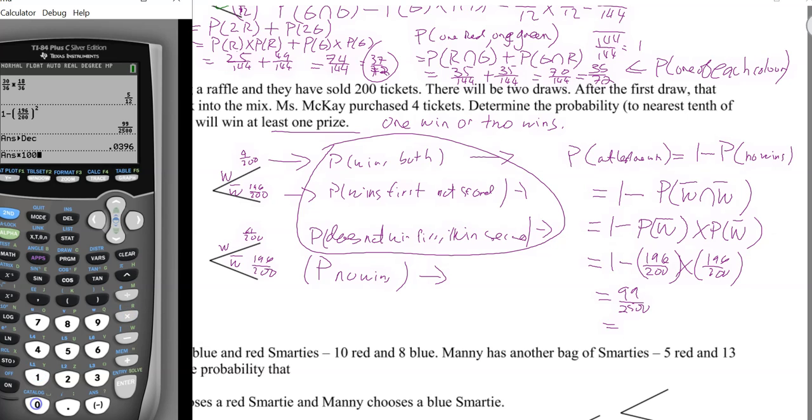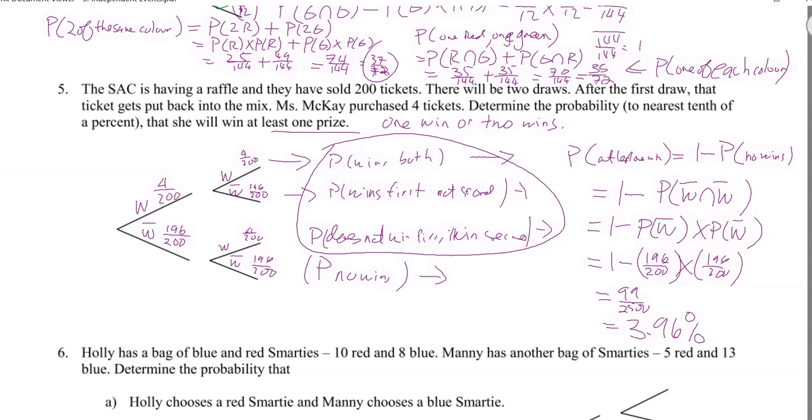Let's make that a percent: 3.96%. And what did they say? Nearest tenth of a percent. So 4.0%. She has a 4% chance of winning at least one prize.